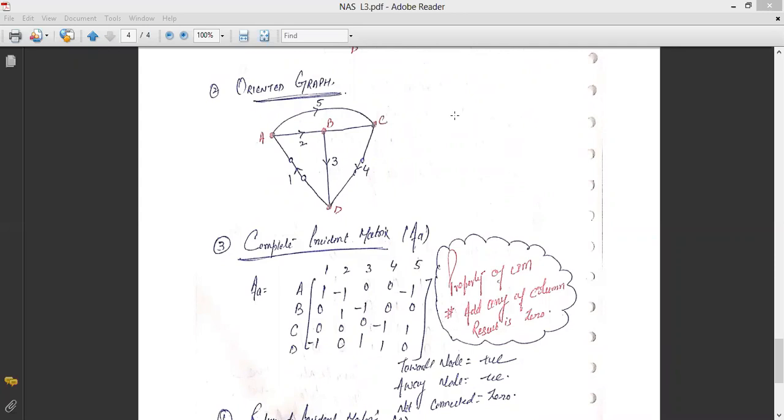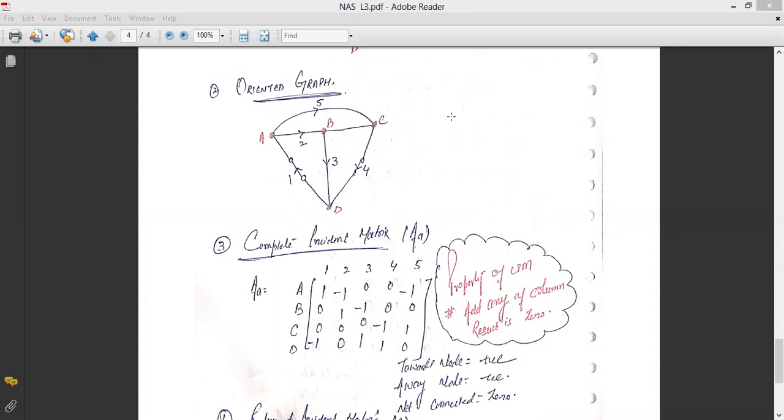So Bhumika Kundal, now branch number 3, where is it connected? Sir, B to D. So that means B is 1, D is 1, and A and C are equal to 0. Now between B and D, is the arrow towards B or towards D?